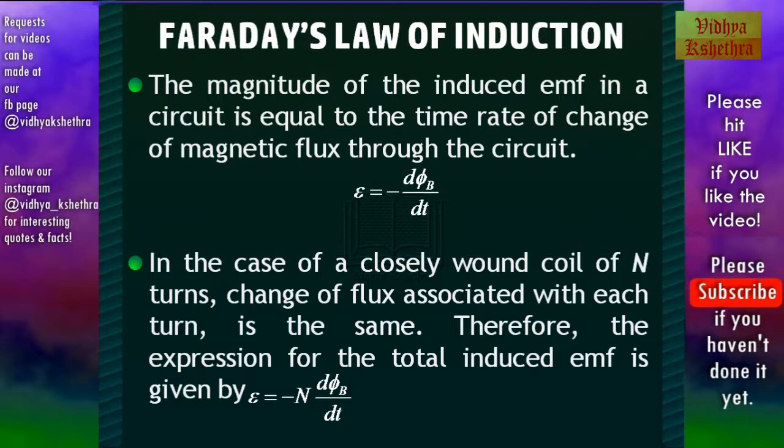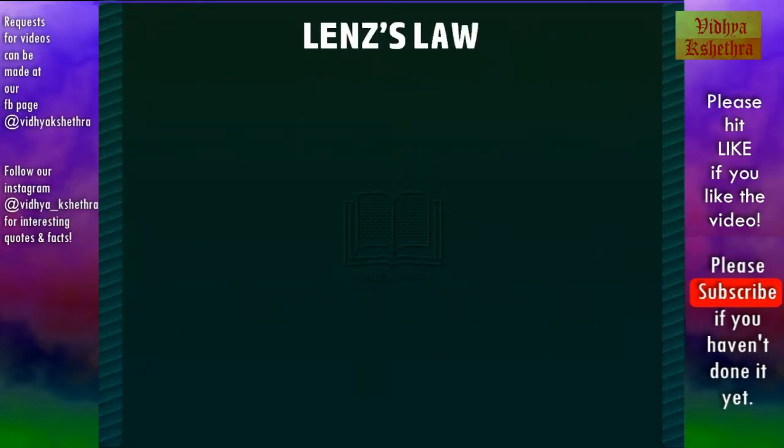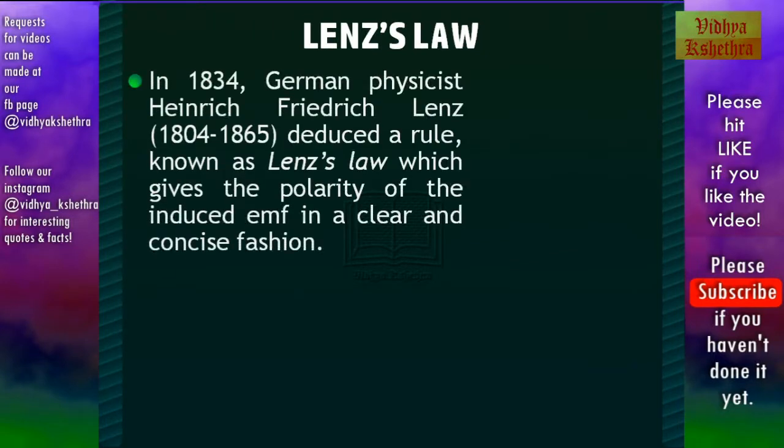Now, we shall see Lenz's law. Lenz's law explains why there is a negative sign in the equation for Faraday's law. Lenz's law is a consequence of conservation of energy.